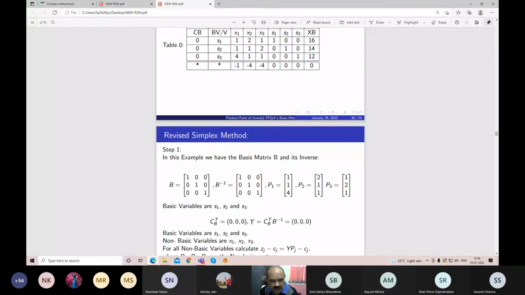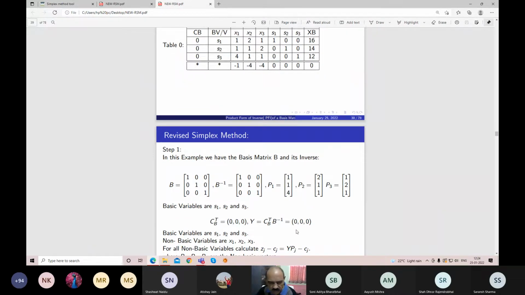Now from the steps of the simplex method, y is a row vector, y equal to CB transpose into B inverse. With this B inverse, multiply CB transpose: 0, 0, 0, multiplied by the identity matrix.